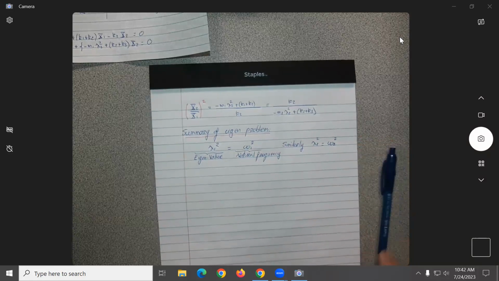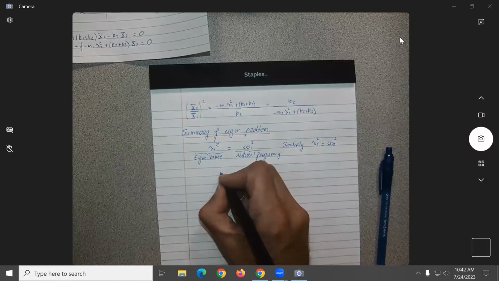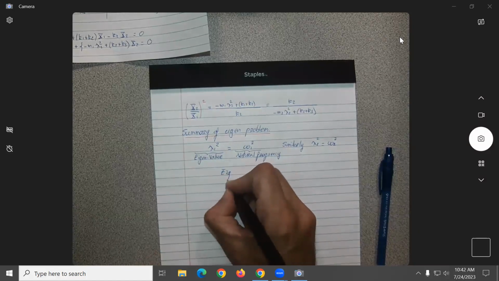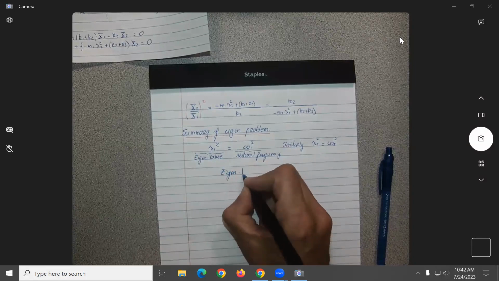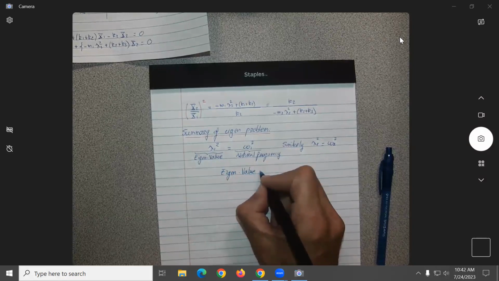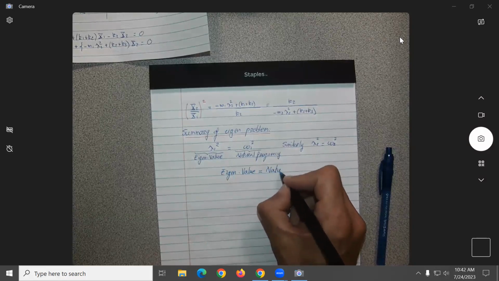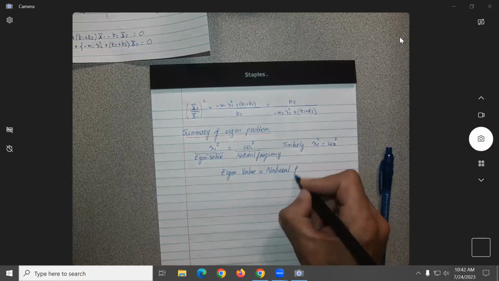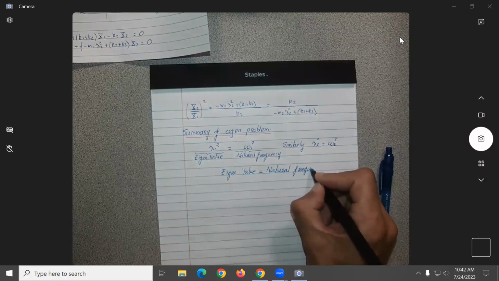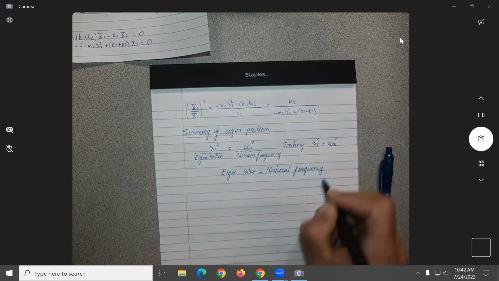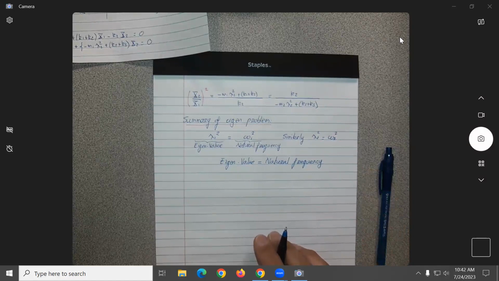So the conclusion here, which is important to understand, is that the eigenvalue basically is the same thing as the natural frequency.